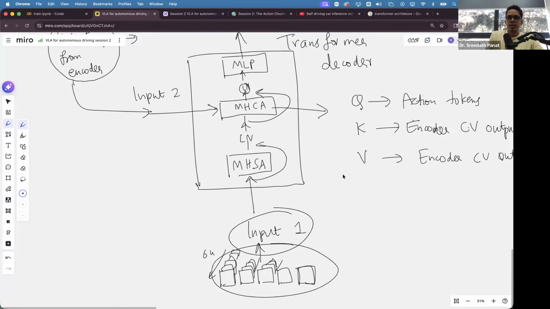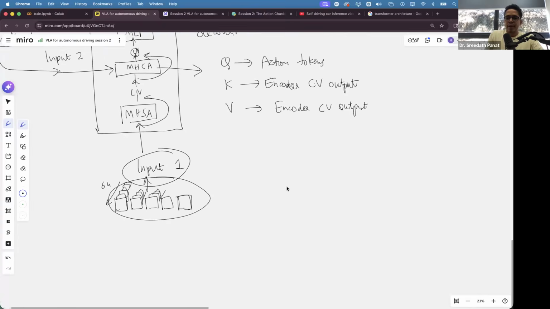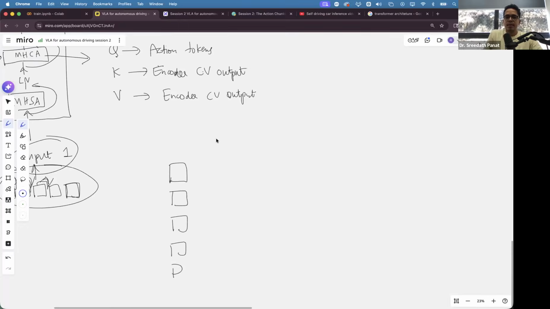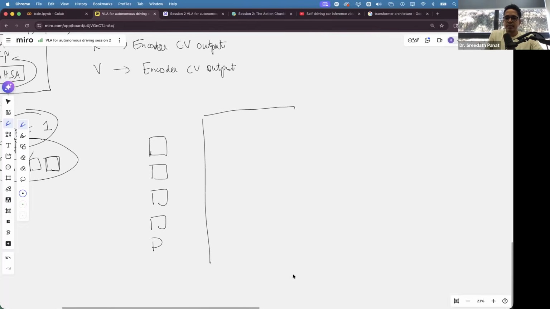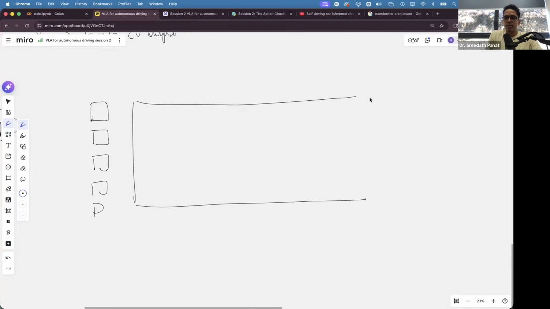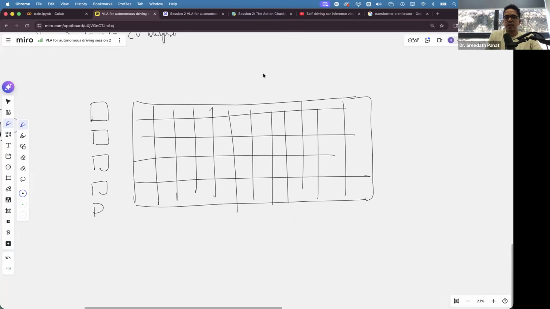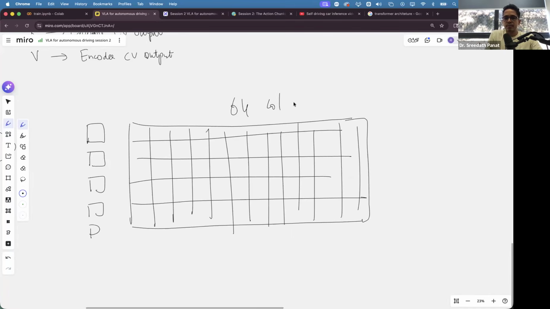I have 5 action tokens, number 1, 2, 3, 4, and 5. Now I will have a matrix where I have 5 rows and 64 columns.